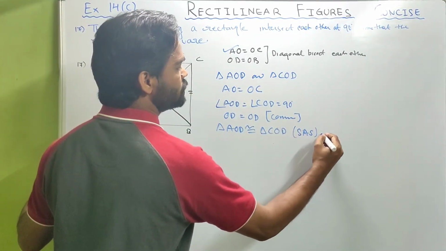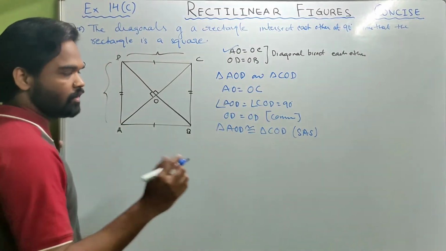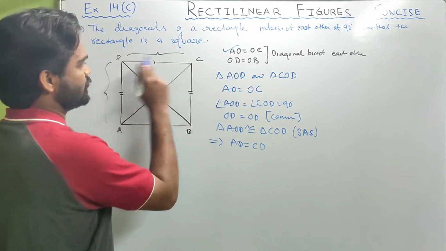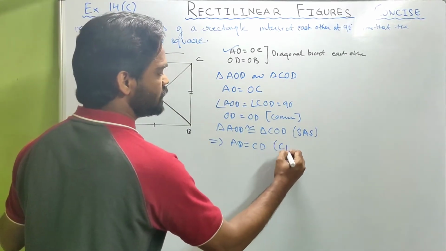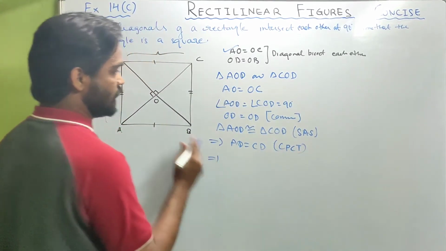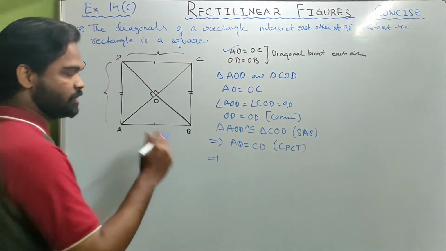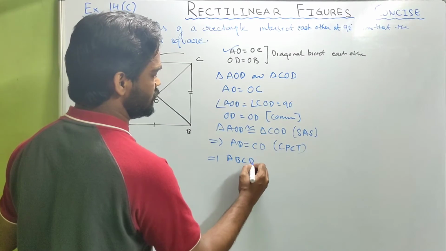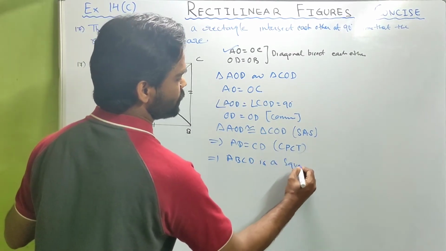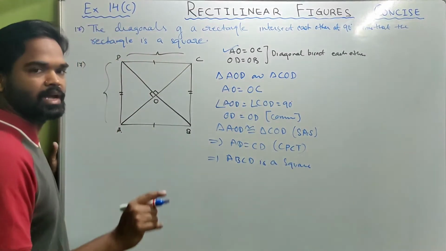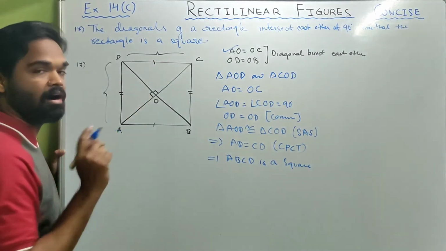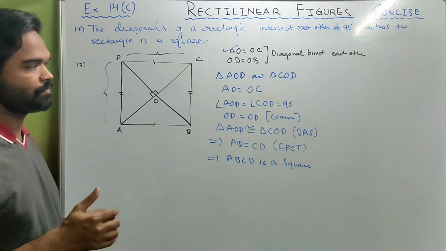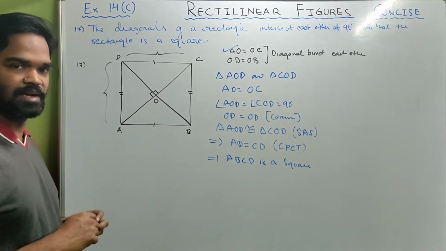It was very easy, isn't it? Now, if they are congruent, we can say that AD is equal to CD by CPCT, which means the adjacent sides are equal, which means the rectangle becomes a square, so ABCD is a square. Why? Because in a rectangle, again I'm saying, if the adjacent sides are equal, it becomes a square. Very easy.